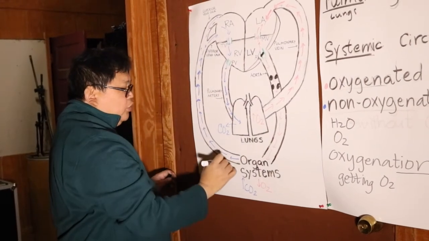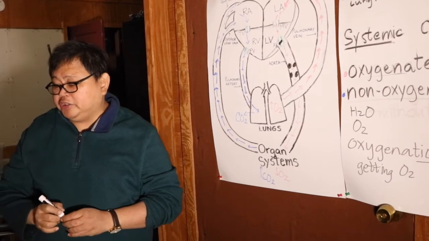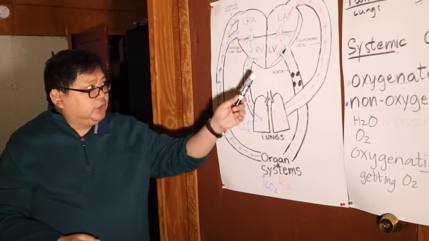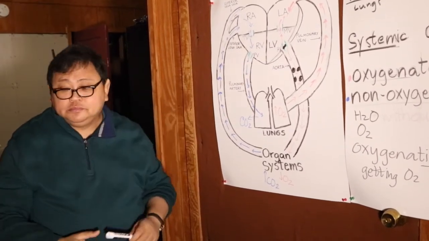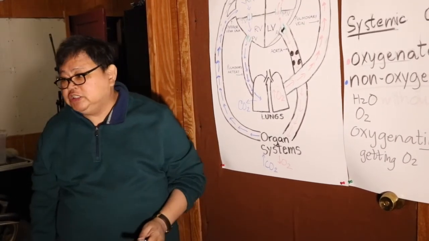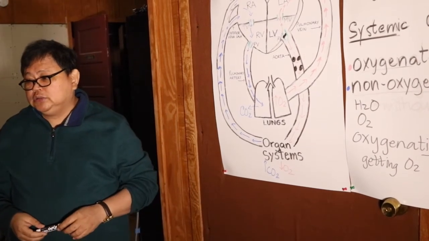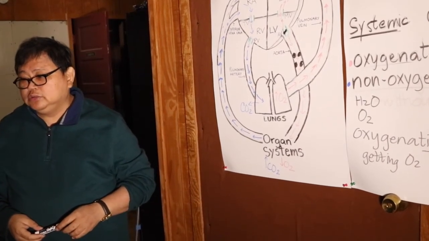It goes back to the organ systems, and then for all you know, your organs are already enlarged, they're already big. Why? Because of the backflow of blood. That's why patients have enlarged knees, enlarged ankles, enlarged feet, swollen feet. Okay?